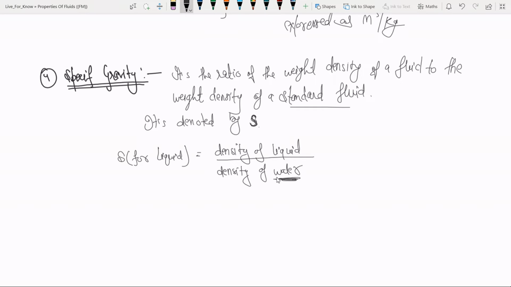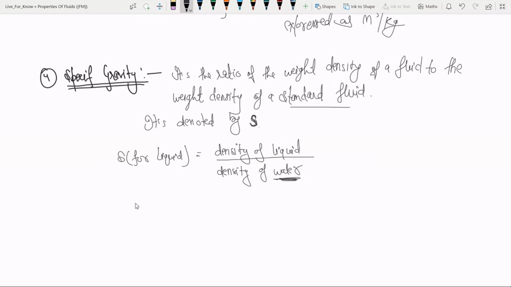In every case when we find the specific gravity for any liquid, we put water as the standard fluid.